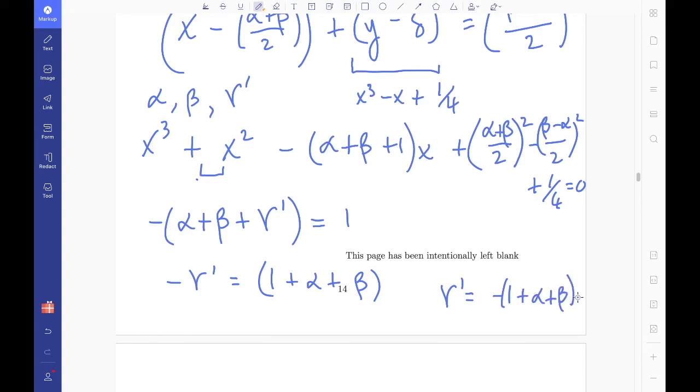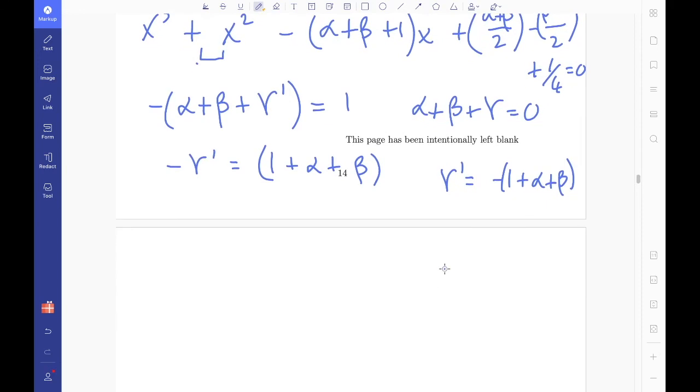But they asked for it in terms of gamma, and remember from earlier, alpha plus beta plus gamma is equal to 0. This is the previous gamma, and this gamma prime is another solution, another point. So if I put in alpha plus beta equals minus gamma, gamma prime is equal to minus 1 minus gamma, and that is just equal to gamma minus 1.